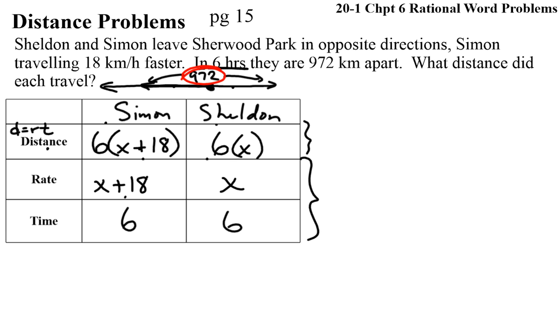It's this 972. 972 is each individual totaled together. So what does this tell us? This tells us the distance that Simon went plus the distance that Sheldon went will equal 972.